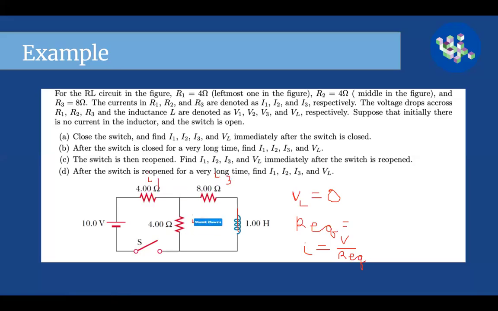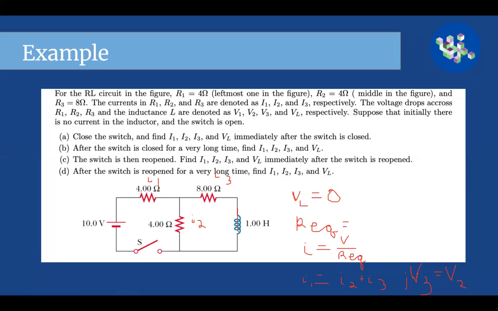I will equal I1, and I1 will equal I2 plus I3. And you have another equation for the voltages: V3 equals V2 since they're parallel. You can solve for everything using all these equations I just wrote down.